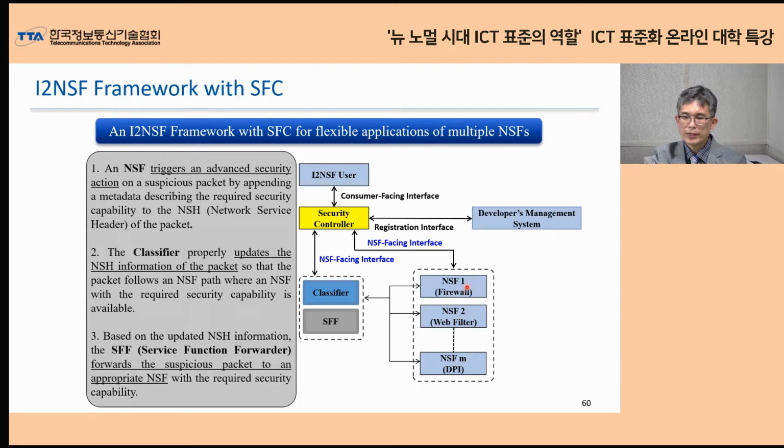To provide that kind of chain of NSFs, we make this kind of rule, which can be done using I2NSF and SFC. SFC provides a classifier that constructs the actual service function path, and the SFF forwards actual packets according to the service function path using the NSH, network service header, of the packet.